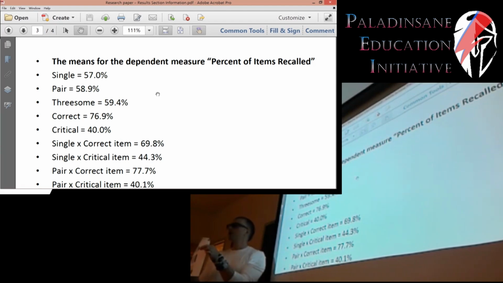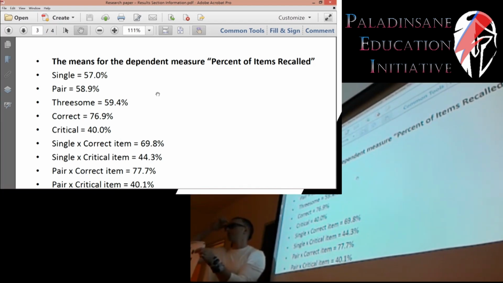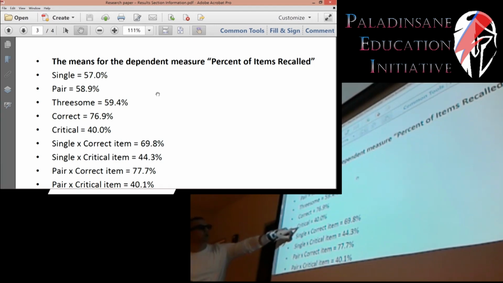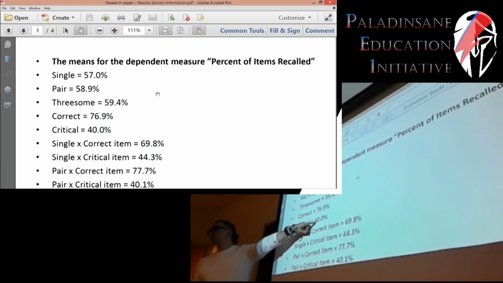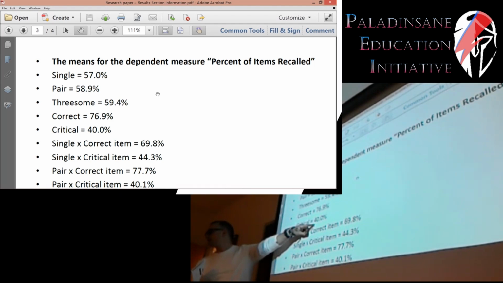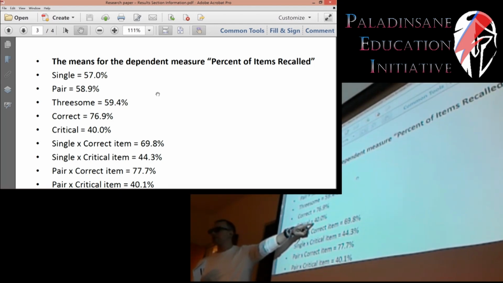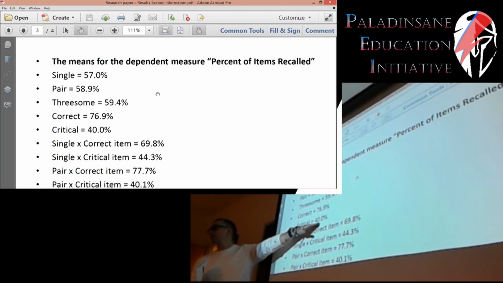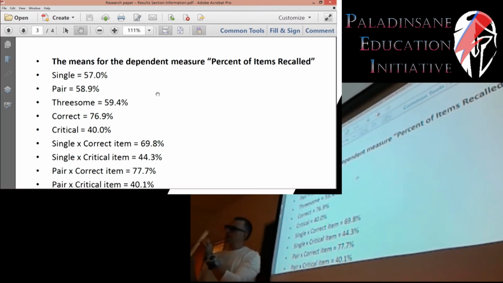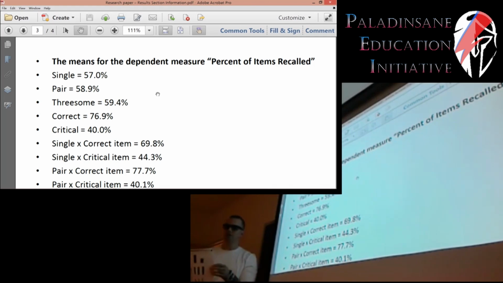A lower percentage of those false items were recalled. The actual number there is 40%. So out of these 6 false memories that were possible, we recalled 40% of those, so just under half, right? So about 2 and a little bit. That's where the numbers are for these particular graphs.